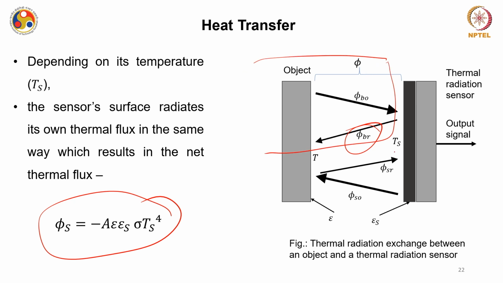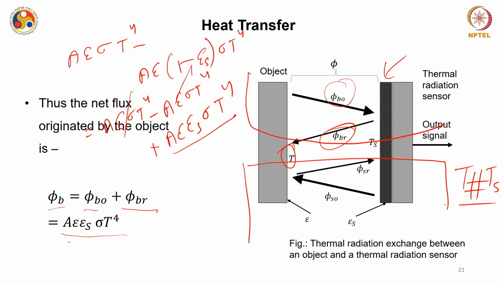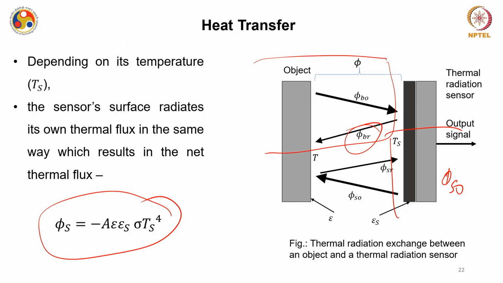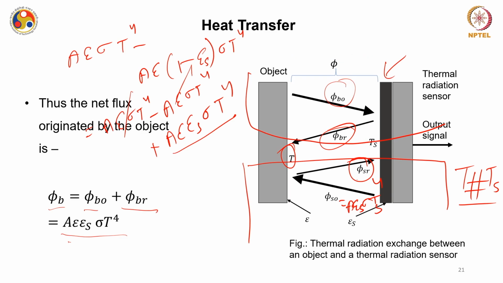Since the sensor is also at temperature Ts, there will be a flux associated with it too. So this phi S naught will be equal to the same, A epsilon S sigma Ts to the power 4. Similarly, you have to consider phi SR in the same fashion that we calculated for the object, and then calculate the net flux. So this phi S will be equal to the same value, but with a negative sign, and this of course is at Ts.